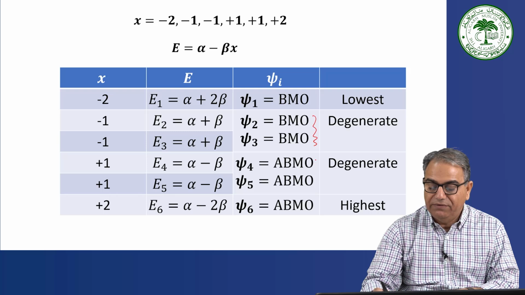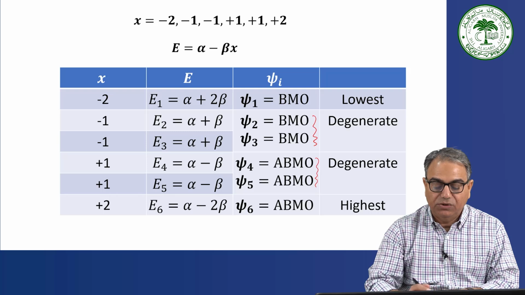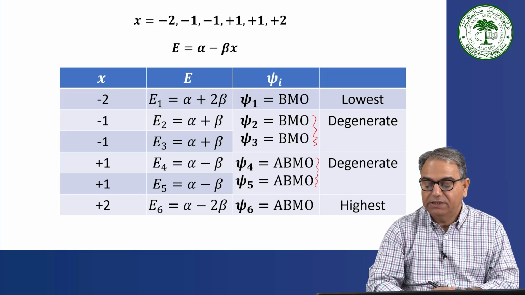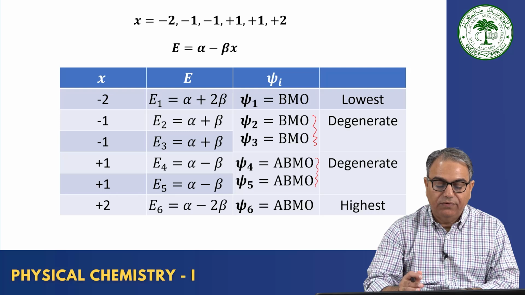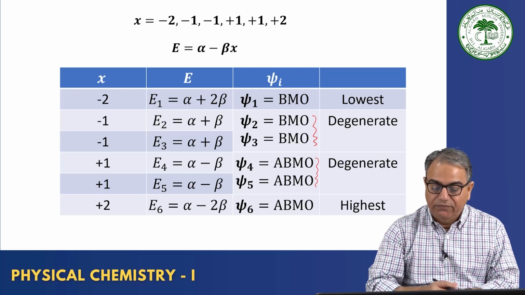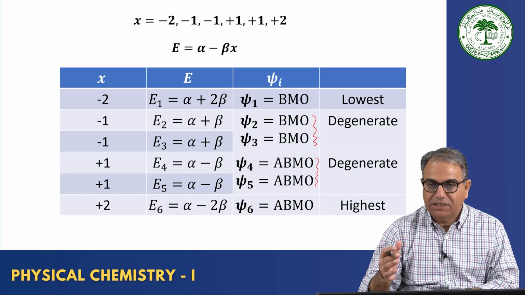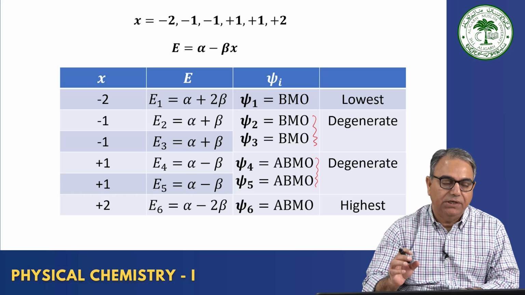Again, E4 and E5 are a degenerate set with the same energy, alpha minus beta and alpha minus beta. And for +2, you get alpha minus 2 beta, the highest energy, called the anti-bonding molecular orbital. So these 6 different molecular orbitals you obtain, but for the highest and the lowest you have only one orbital, and in between you have two sets of degenerate orbitals.